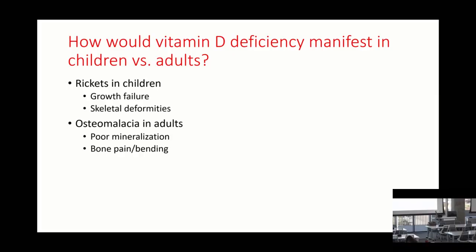In adults, you have poor mineralization and osteomalacia, which can lead to fractures, bone pain, and bending. So these are different, but the pathophysiology is similar because of the deficiency of vitamin D. You don't have adequate mineralization of the bone, which leads to different defects depending on the age of the individual.